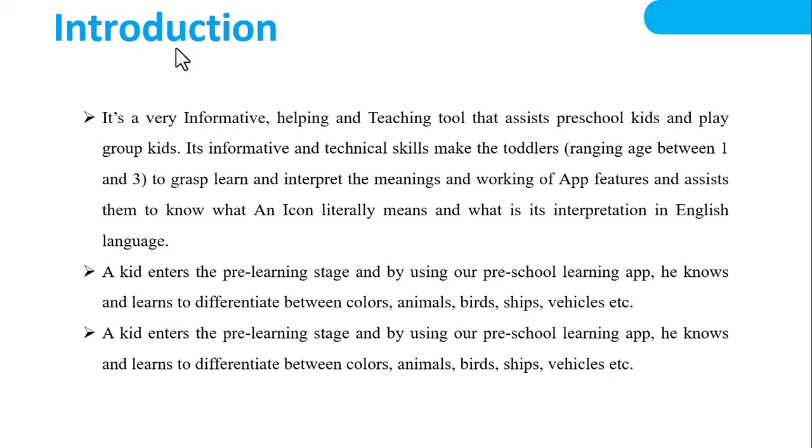And we also say that a kid can learn from this app, and after learning from this app, we can also help the kids to detect birds, animals, ships, vehicles, and colors.